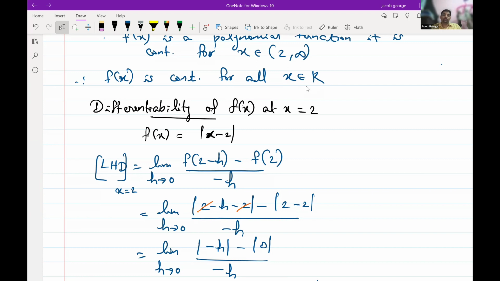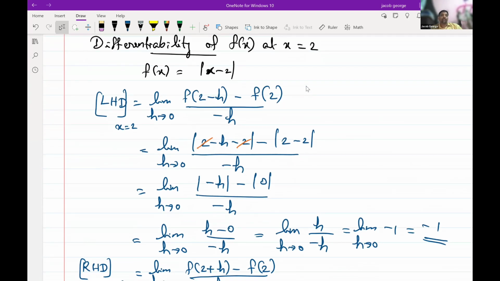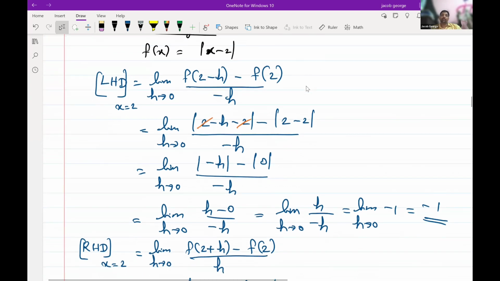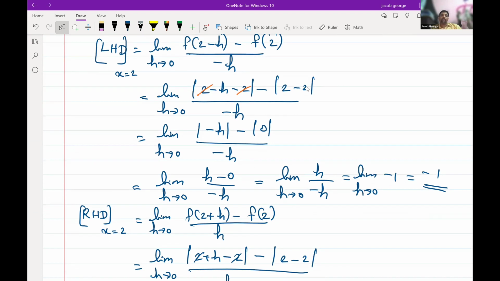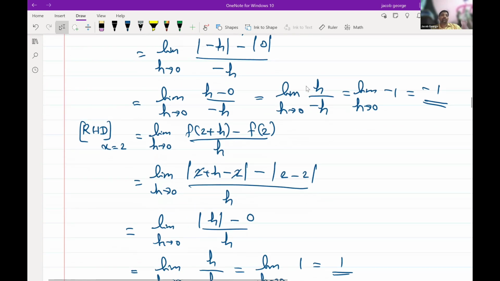Left-hand derivative is limit h tends to 0, f of a minus h minus f of a by minus h. So f of 2 minus h minus f of 2 by minus h, and that is modulus of 2 minus h minus 2 minus modulus of 2 minus 2 by minus h, and we get h minus 0 by minus h, it is negative 1. Left-hand derivative is negative 1.